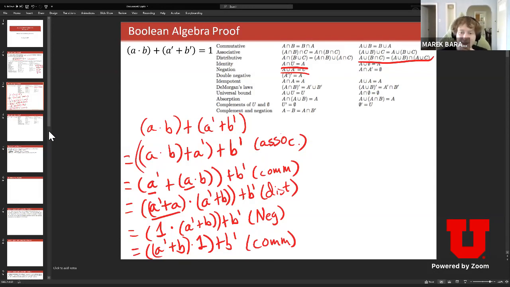And then finally, we can apply identity to get A prime plus B prime, and that's by identity. And so we can now use the associative property to rewrite this as A prime plus B prime.